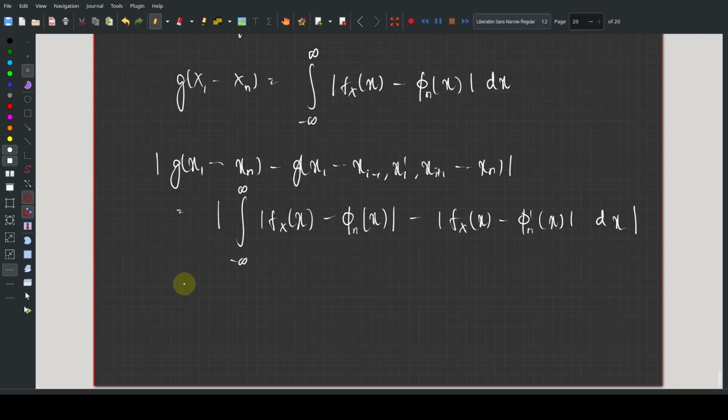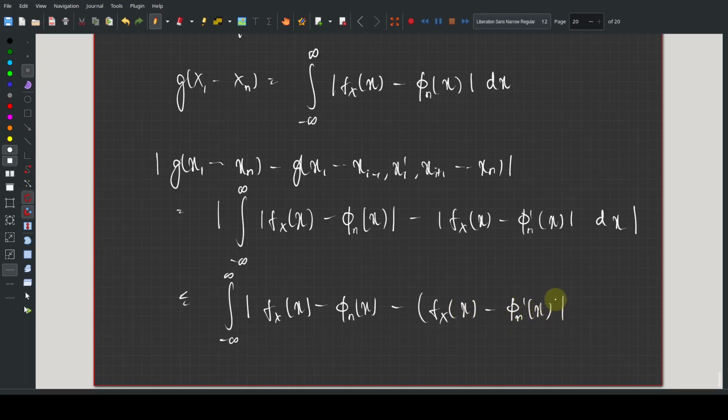So I claim that this is less than or equal to the integral from minus infinity to plus infinity of the absolute value of (fx of x minus Pn of x) minus (fx of x minus Pn prime of x) dx. Is this okay? Do you all agree?